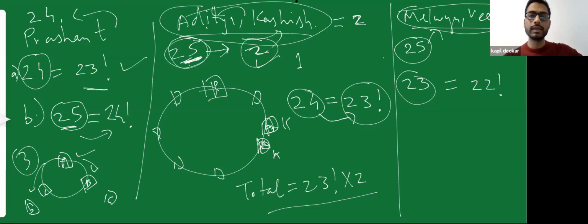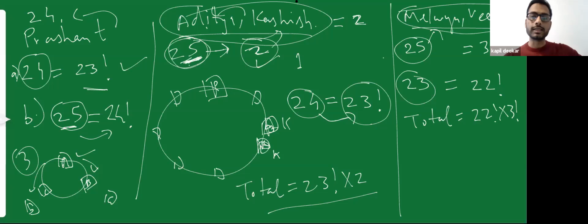In how many ways can three people be arranged? Three people can be arranged in 3 factorial ways, or 6. So total is equal to 22 factorial into 3 factorial. Most of the answers that I got were 23 factorial into 3 factorial. So you have to reduce one term.